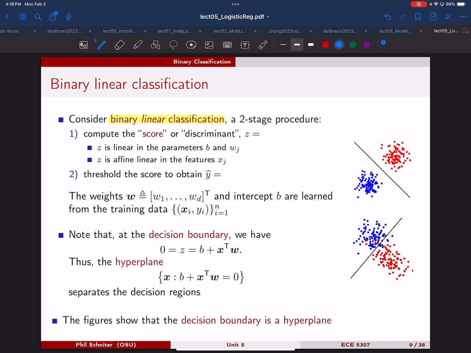You're going to compute a score, which we're going to call z. And z is going to be some bias coefficient b, or intercept coefficient, and then we're going to sum over all the features, j equals 1 through d, of x_j times w_j.